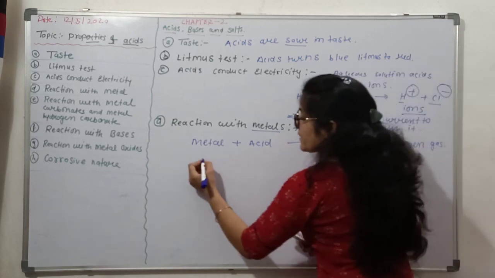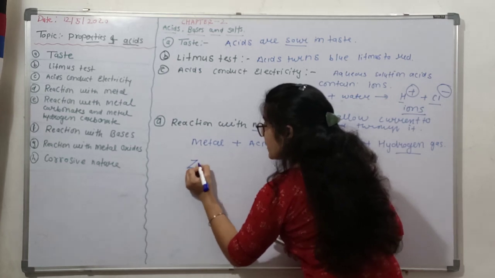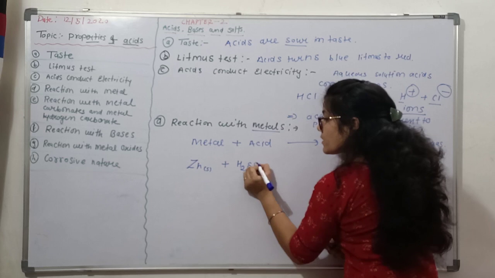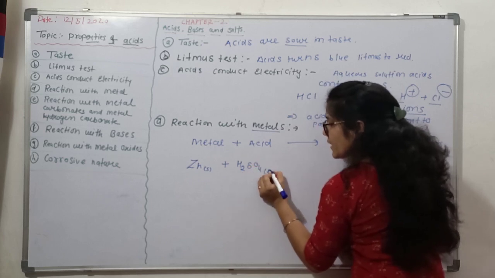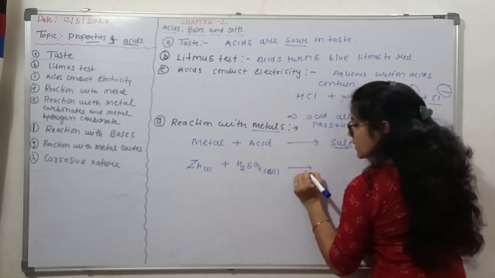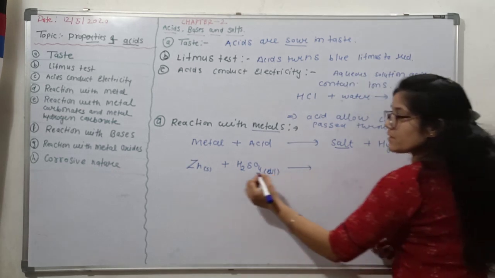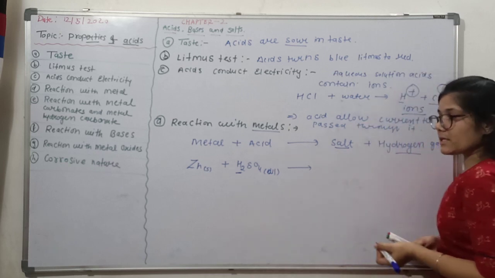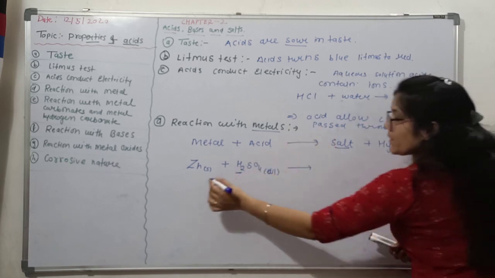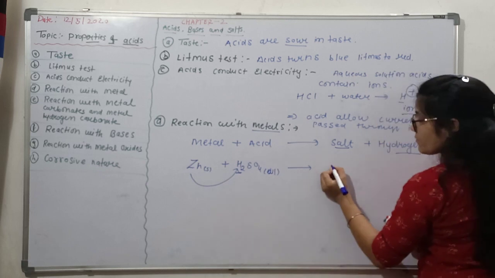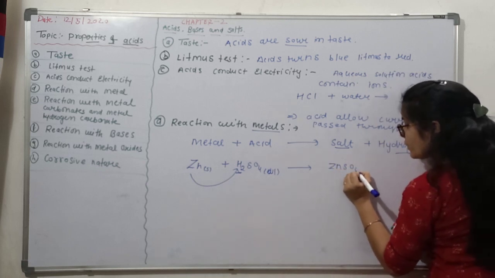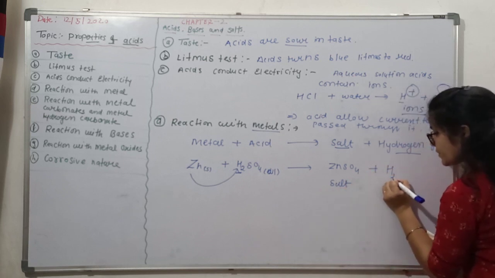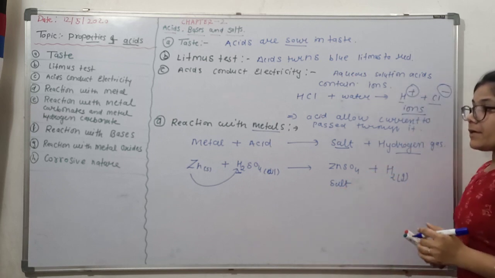For example, let's take zinc metal mixed with dilute sulfuric acid. Zinc is more reactive than hydrogen according to the reactivity series, so zinc replaces hydrogen and we get ZnSO4, which is a salt, and hydrogen gas evolves.